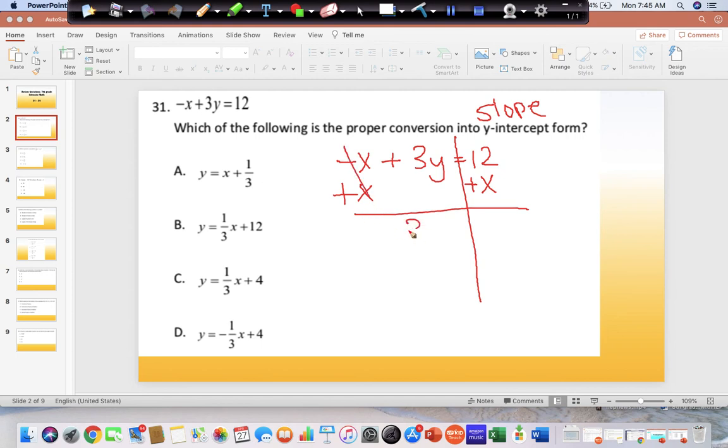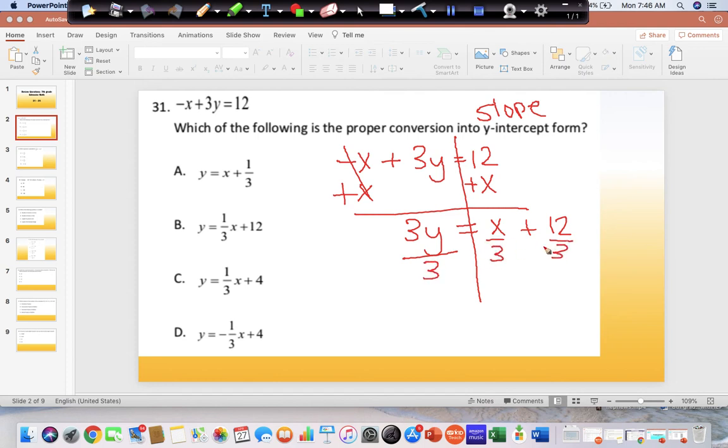This is going to cancel, and you're left with 3y on the left and x plus 12 on the right. The reason we didn't put the 12 first is because in slope-intercept form, you want the x to come before the other number. And then we need to get rid of everything else but y. The y is being multiplied by 3, so we need to do the opposite and divide both sides by 3.